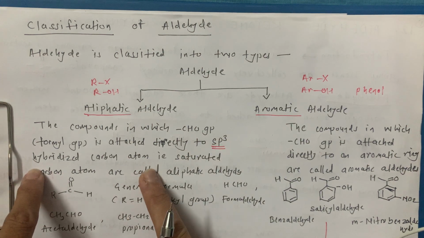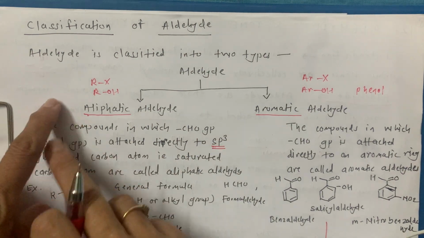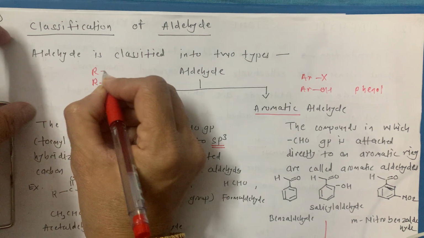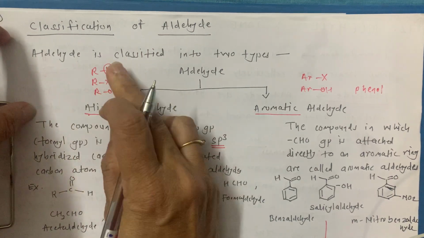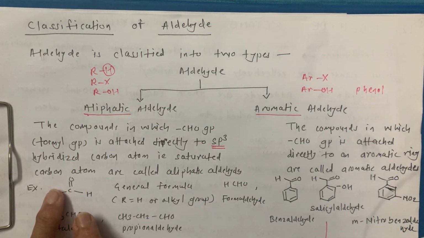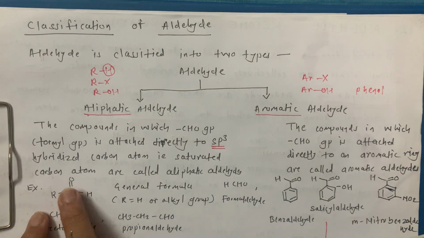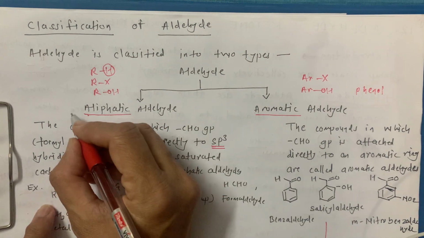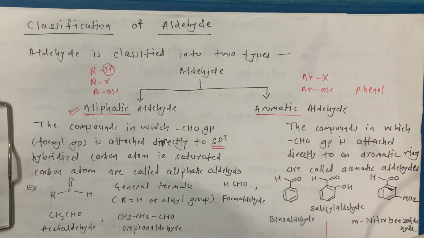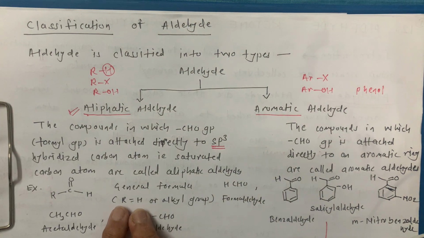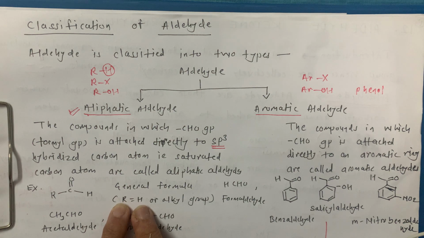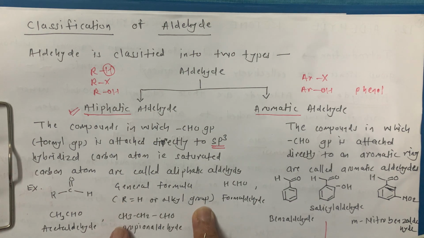When one of the H of an alkane is replaced by CHO, it becomes RCHO, and this is known as aliphatic aldehyde. See, I have written over here R; it may be H, R equal to H is also possible, or it is an alkyl group.